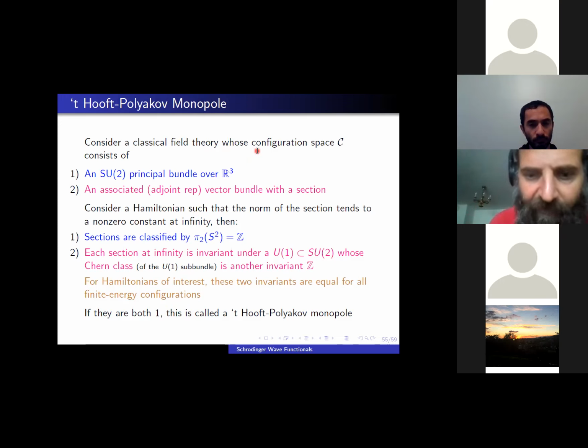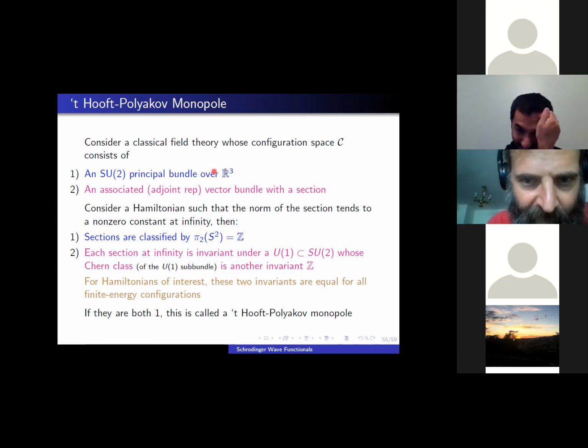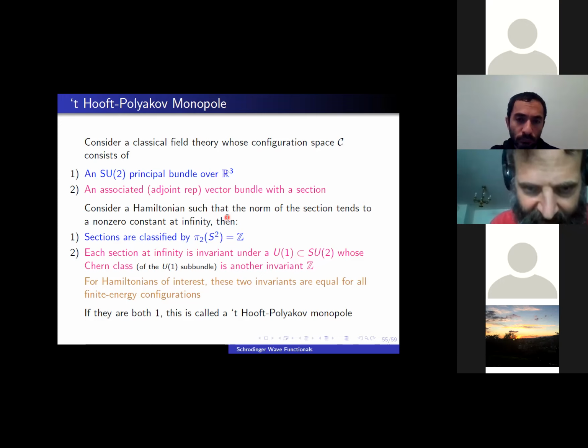Okay, so let me say something about the motivation for this whole project. So let me remind you what a 't Hooft-Polyakov monopole is. So here's a classical theory where the configuration space consists of an SU2 bundle over R3 and an associated vector bundle with a section. And you choose a Hamiltonian such that for finite energy configurations, the norm of the section goes to some non-zero constant at infinity. And so these sections can be classified by maps from the S2 at the boundary of the R3 to the S2 at fixed radius on the section.